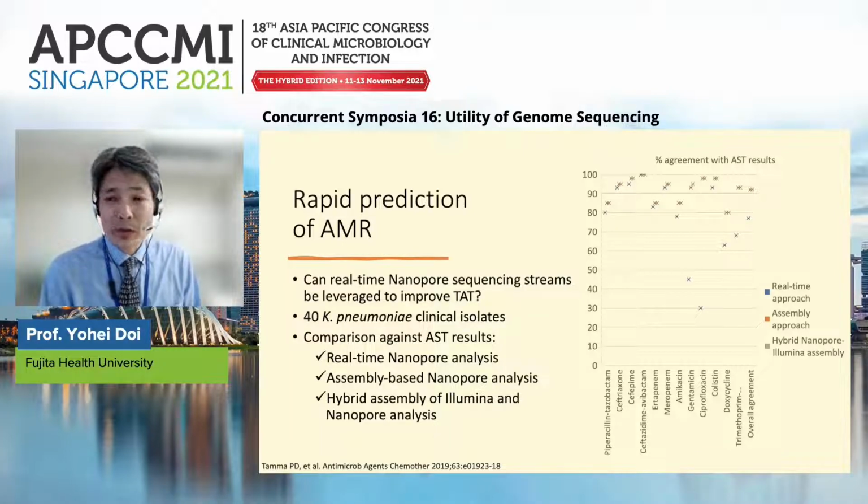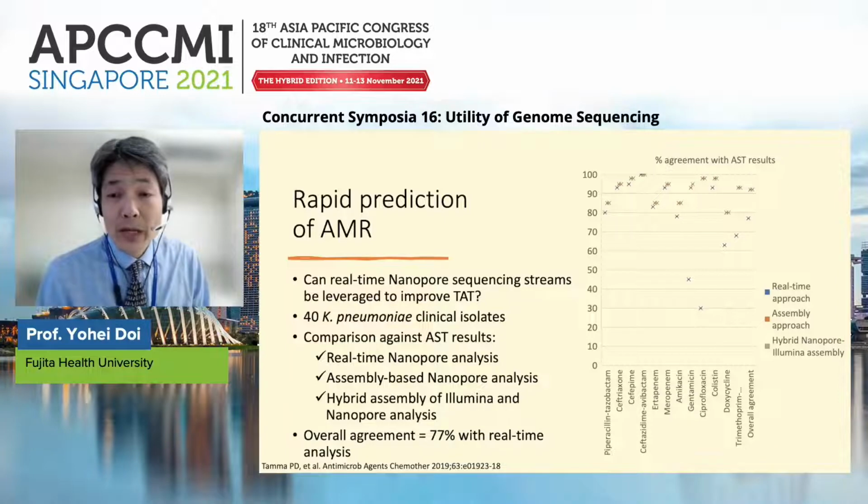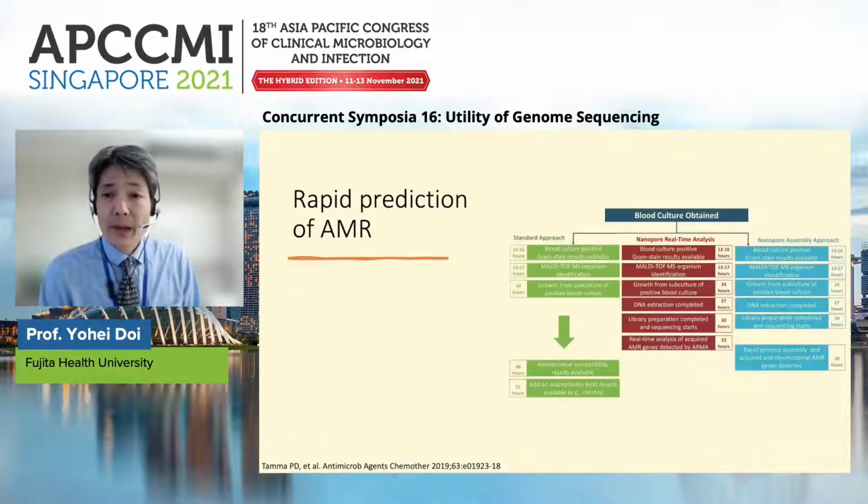One was real-time nanopore analysis. Second was assembly-based nanopore analysis. And the last one was hybrid assembly of Illumina and nanopore analysis. In short, they were able to demonstrate an overall agreement of up to 77% based solely on real-time analysis. So these are sequence reads that are obtained as sequencing is being done.